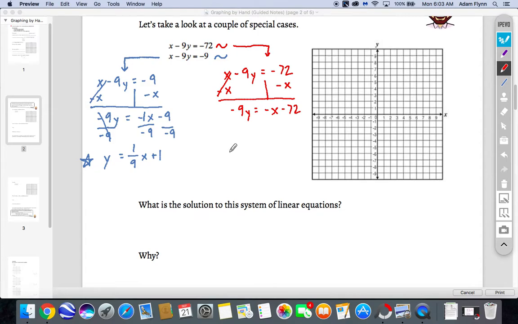Similar to the blue equation, negative 9 and y are being multiplied. They're touching. There's no symbol in between. So opposite of multiplication is going to be division. So I will divide everything by negative 9. Negative 9 divided by negative 9 is going to cancel. So my y is therefore isolated.